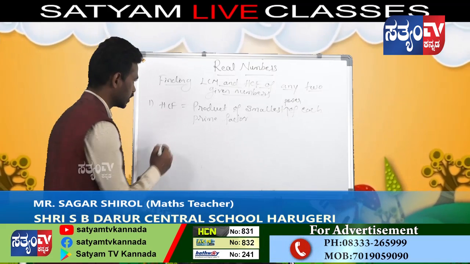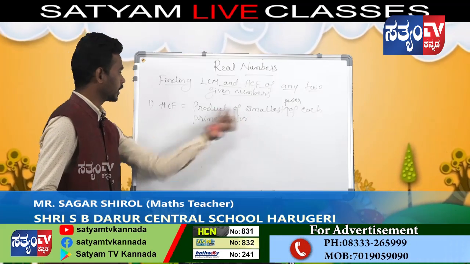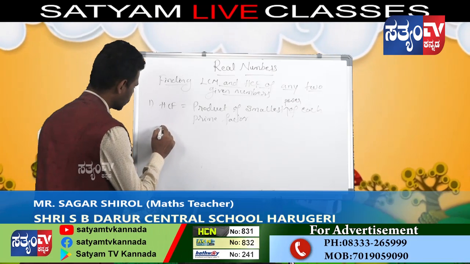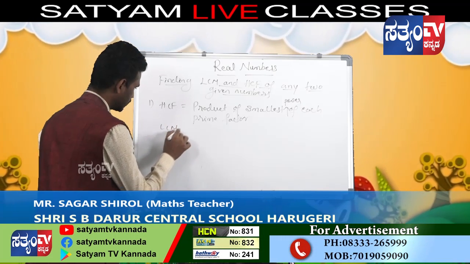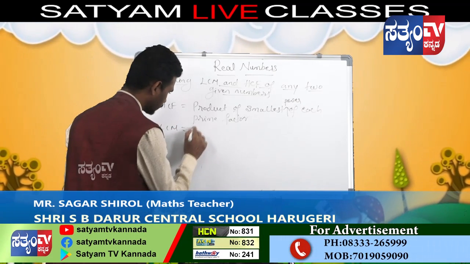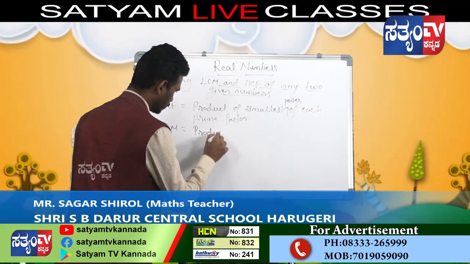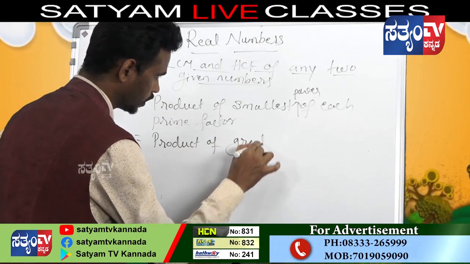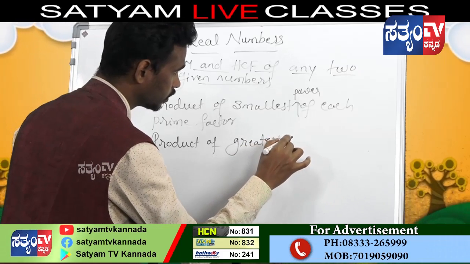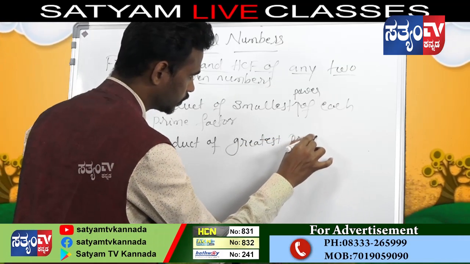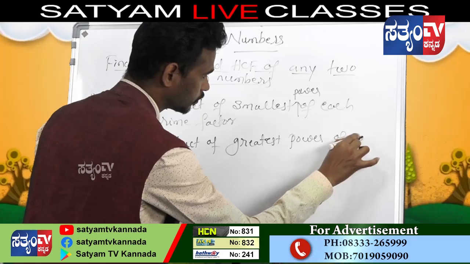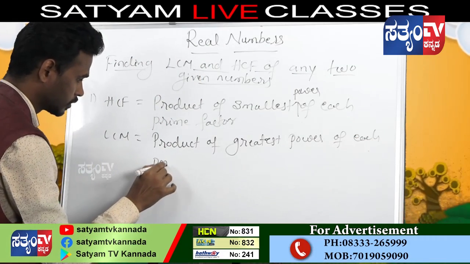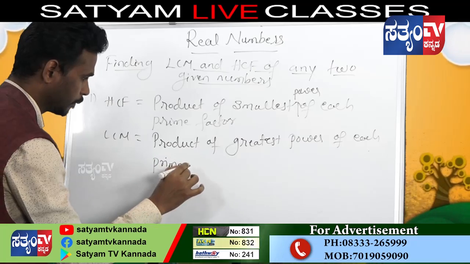Now how to find the LCM, what do we need to do? Let us say that LCM is equal to the product of the greatest power of each prime factor.